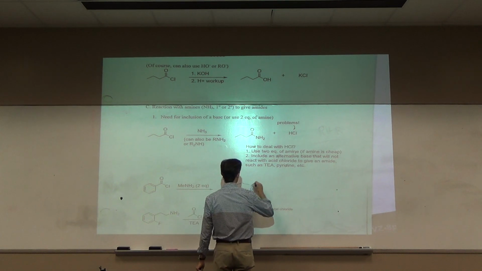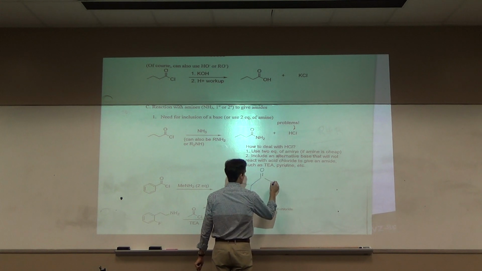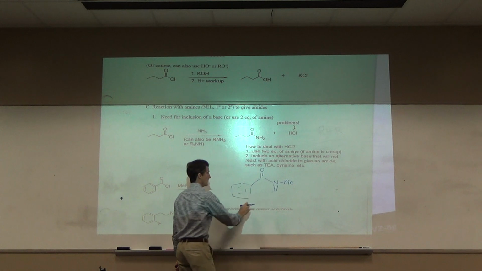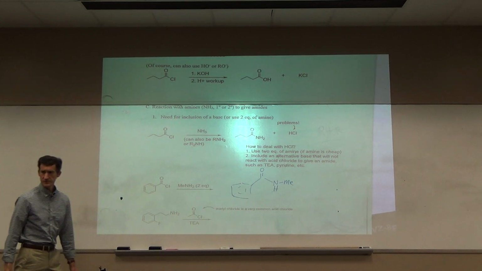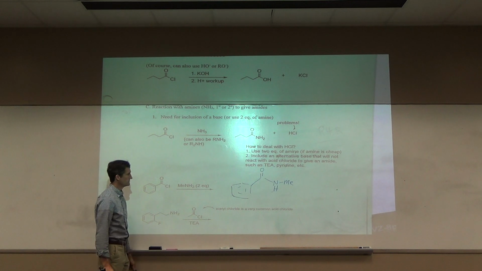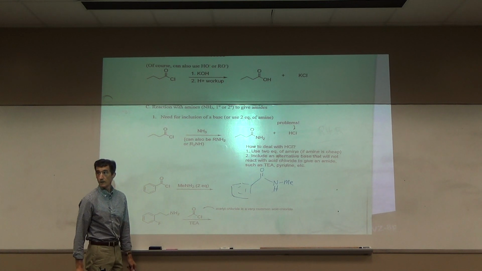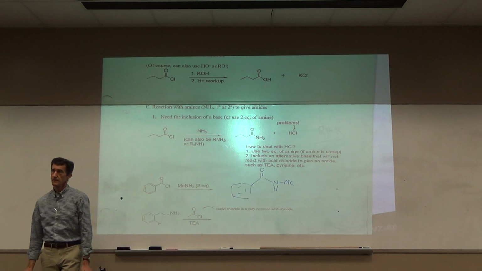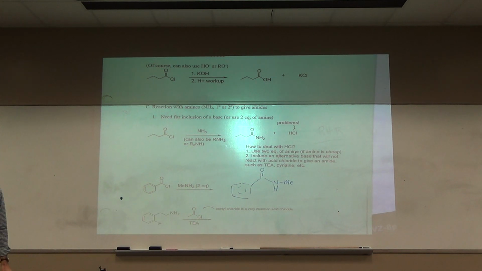Your amine displaces the chlorine, right? But you're going to lose an H from the nitrogen to go neutral. What's going to take the H? Well, we use two equivalents. Methylamine is a stronger base than Cl minus.